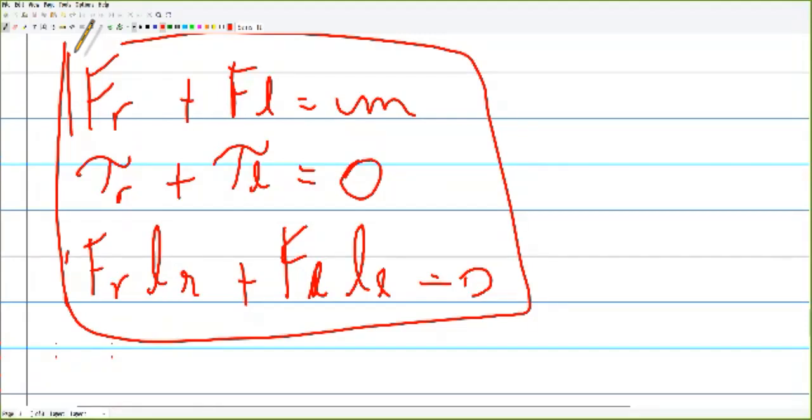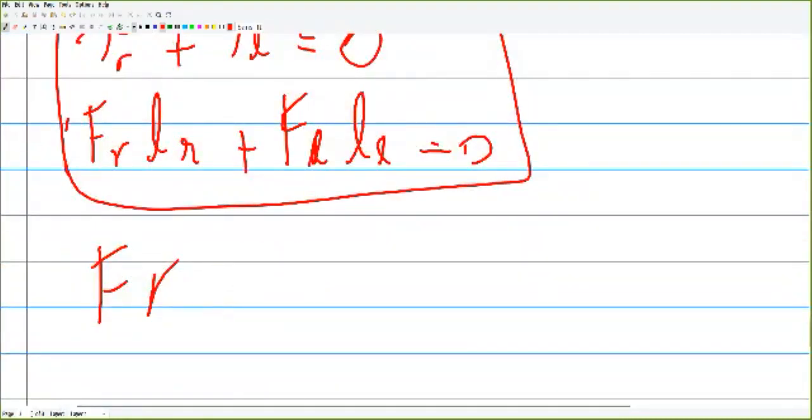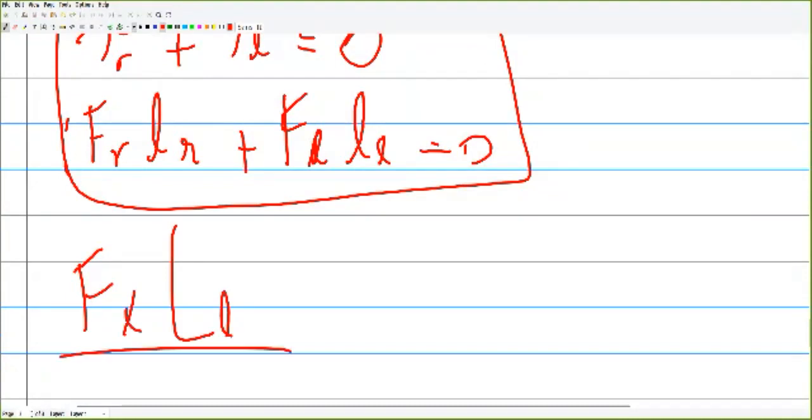FR, LR, and I would find F of R. So F of R, for example, F of R plus F of, actually, F of R is what? FL, LL over LR, here's negative.